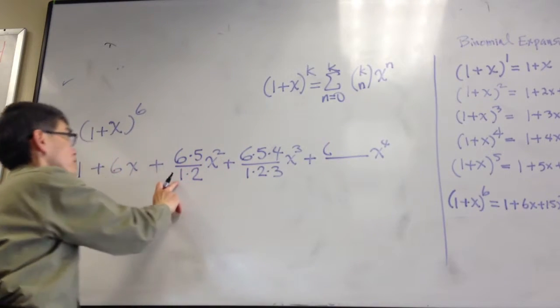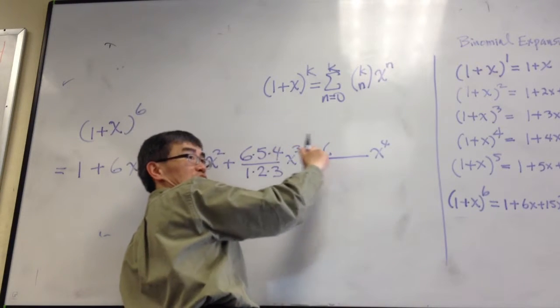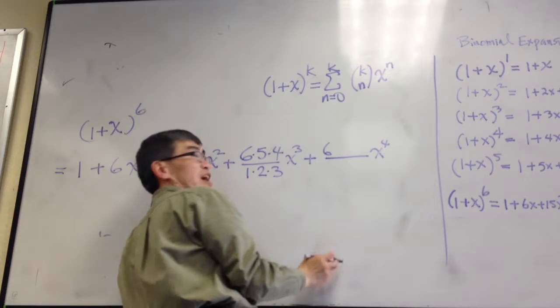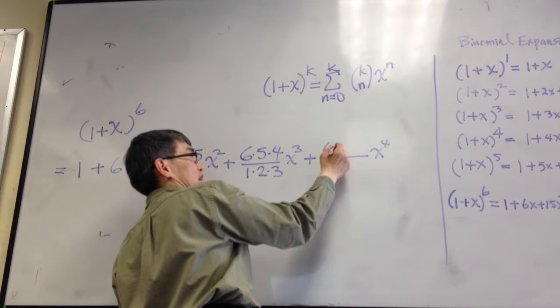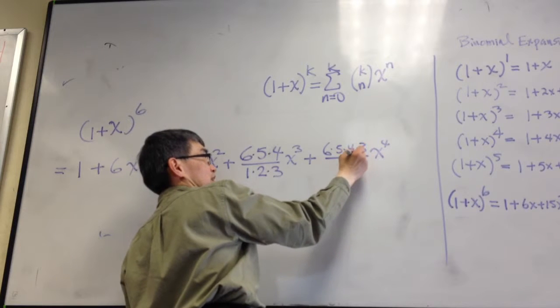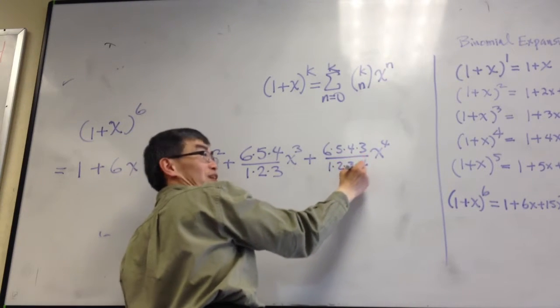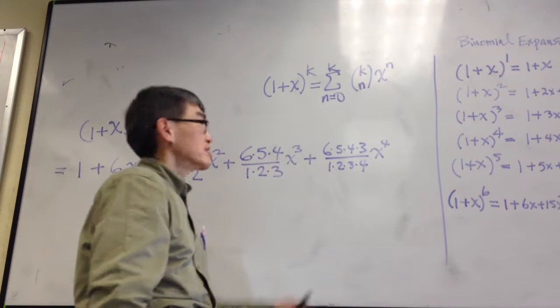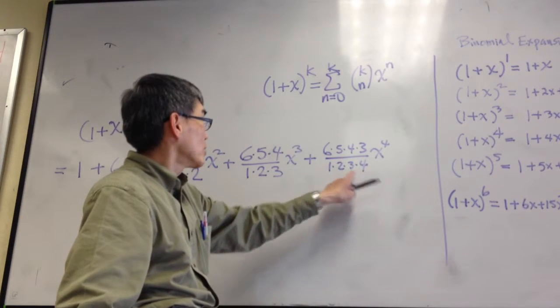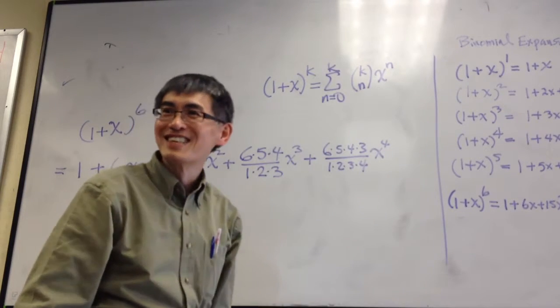I have seen 15 before, but if this trend persists, it can also be written as 6 times 5 times 4 times 3 over 1 times 2 times 3 times 4. You see that 3 and 4 cancel, 2 cancels, and 3 times 5 gives 15 indeed.